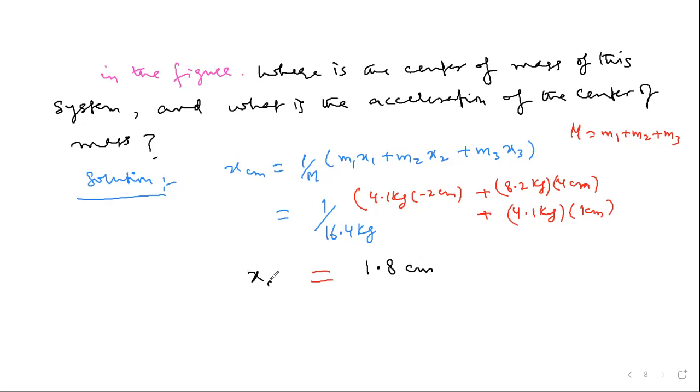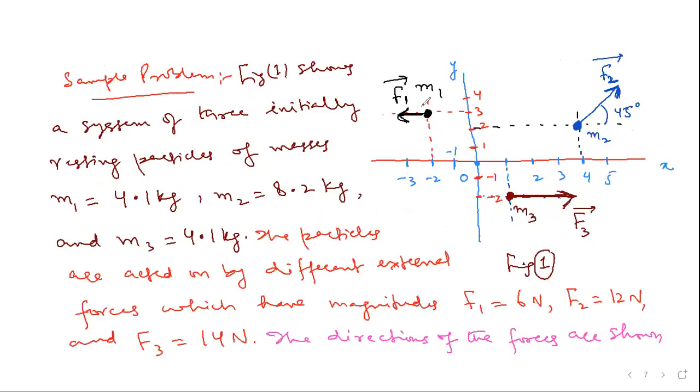So I have calculated xcm. First understand it. 1 by 16.4 kg, which is total mass, then 4.1 kg into minus 2 centimeter, because the x coordinate of m1 is minus 2 centimeter. See, m1 is here, its x coordinate is minus 2 centimeter, right?